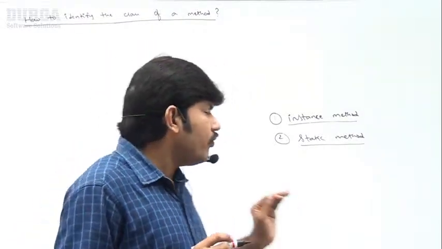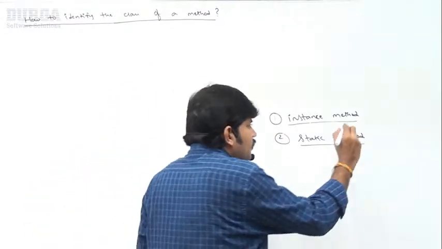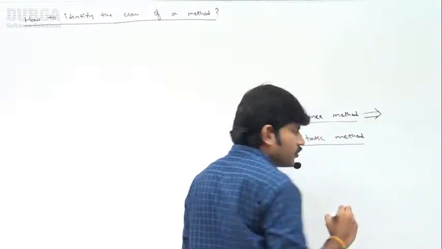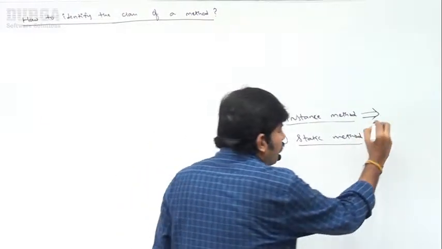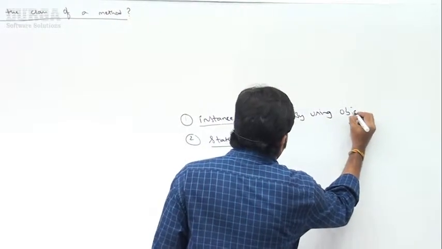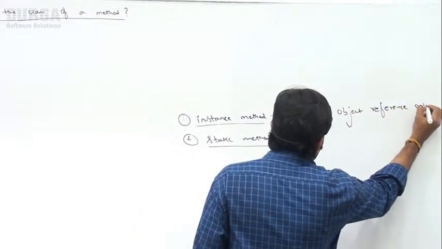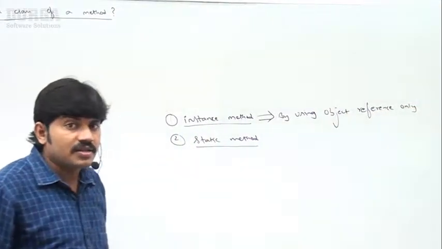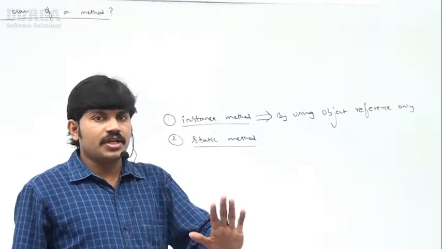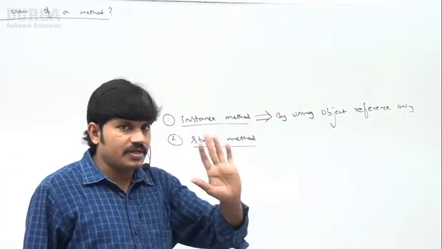Next, how can we call an instance method? From outside of the class, an instance method should be called by using an object reference only.